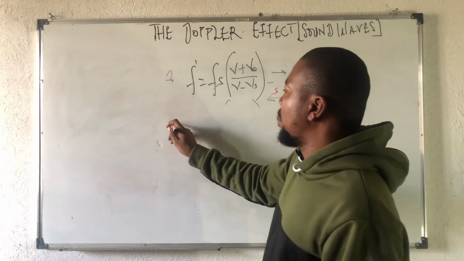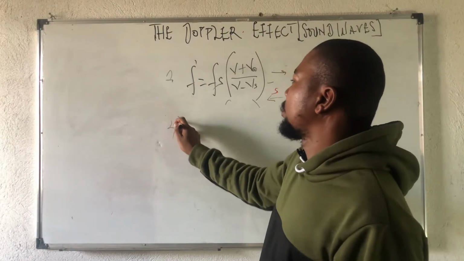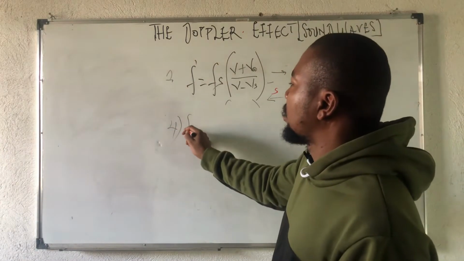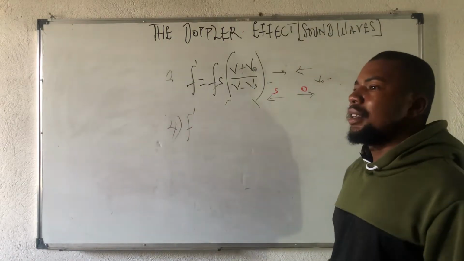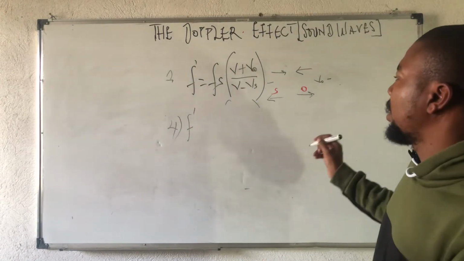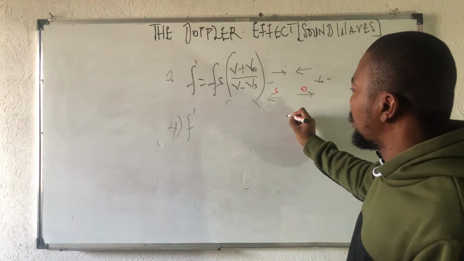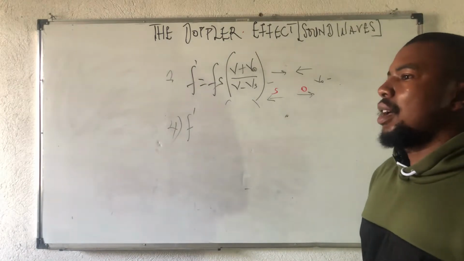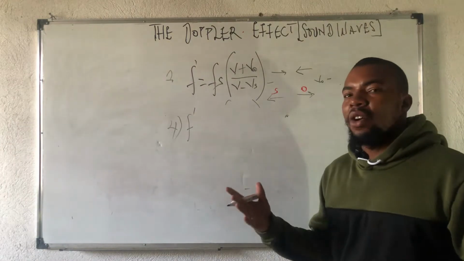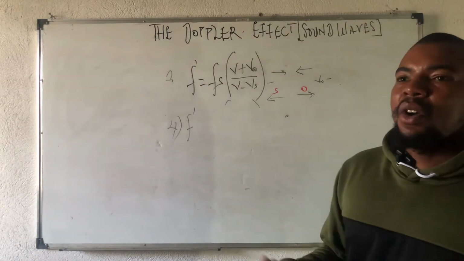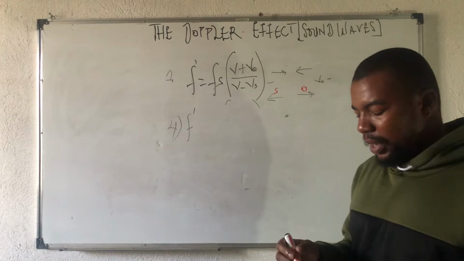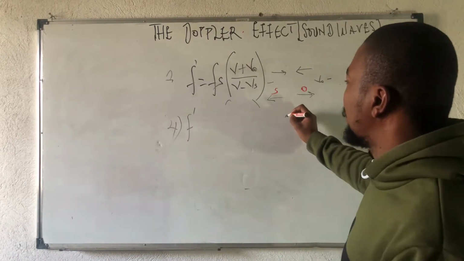So for the fourth one, in a case where the source is stationary, it's not moving, and the observer moves towards the source, what happens? What will be the formula? In this very case, let's analyze it.